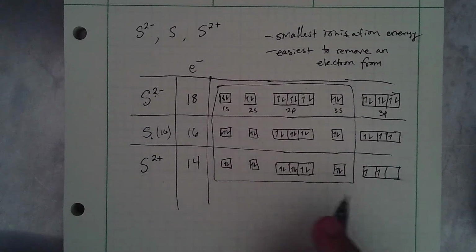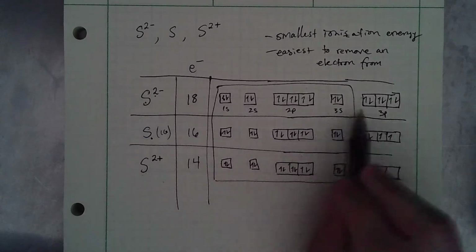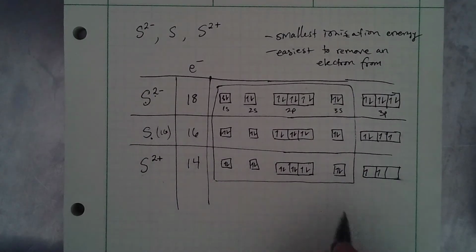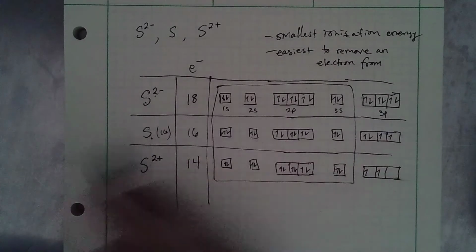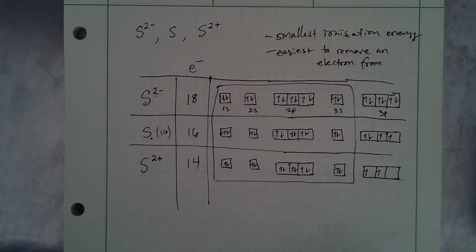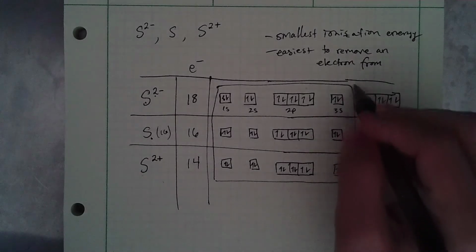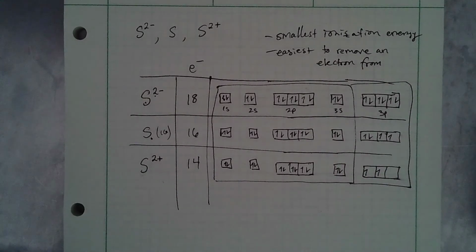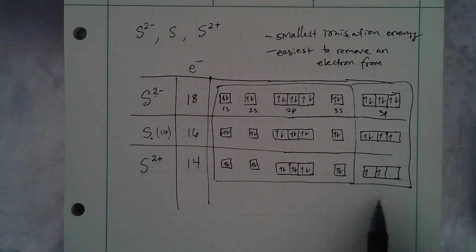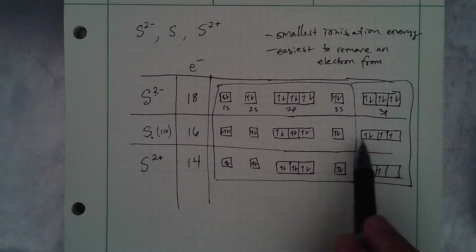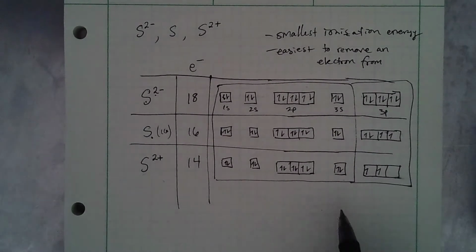So it's very, very unlikely that this part of the electron configuration is going to have any role in our explanation of why the ionization energy in these might be bigger or smaller. This over here is where we actually observe the difference. The 3p orbital in each of these ions looks very different: completely full, half full, and then less than half full.